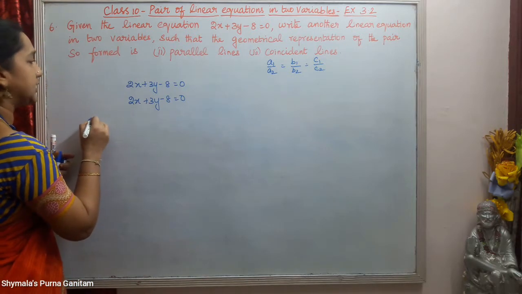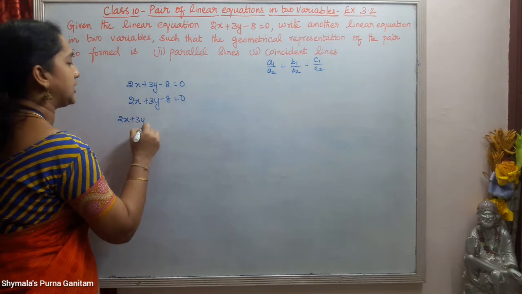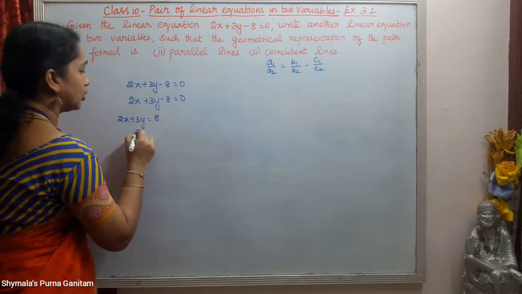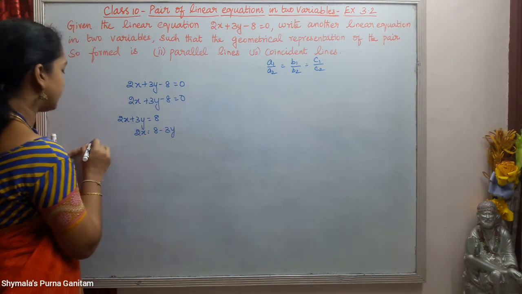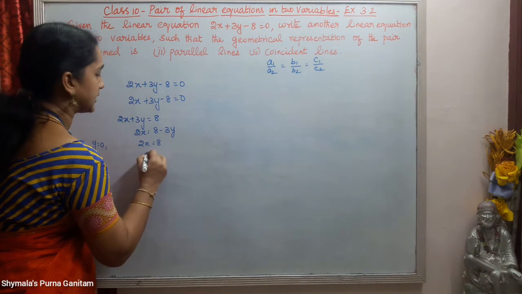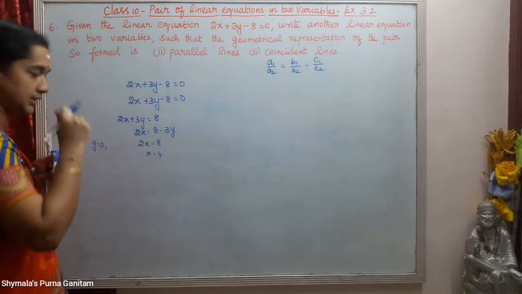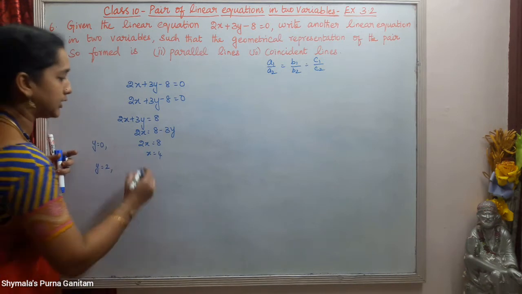Okay, so the same way we will do 2x plus 3y is equal to 8. So 2x is equal to 8 minus 3y. Now I will take the y value as 0. So 2x is equal to 8, so x is equal to 4. So this is the first coordinate point. Then y is equal to 2.